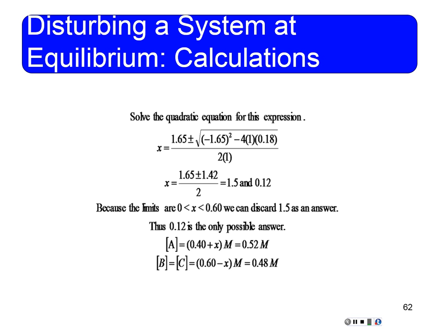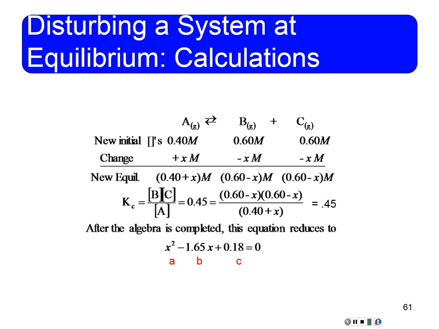All right, we have two positive values. We've got to figure out which one is correct. Here it tells you the limit is 0.60. Do y'all remember your limiting reactant? If you go back and look at your ICE method here, we can only lose 0.60, because both of these are limiting, and they're the same.